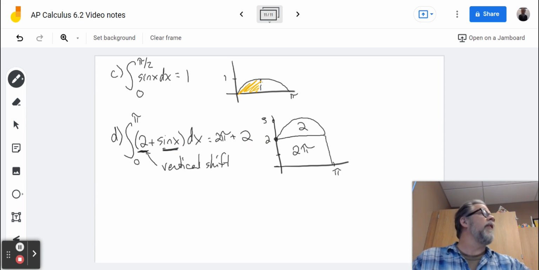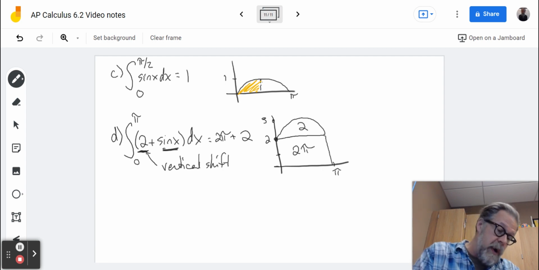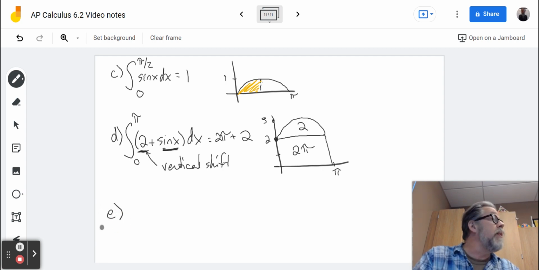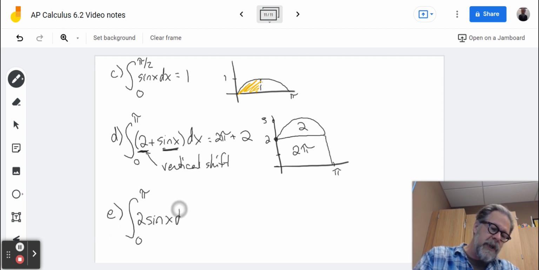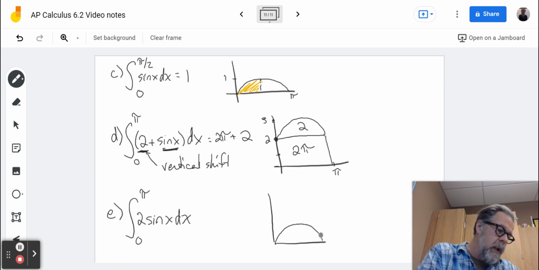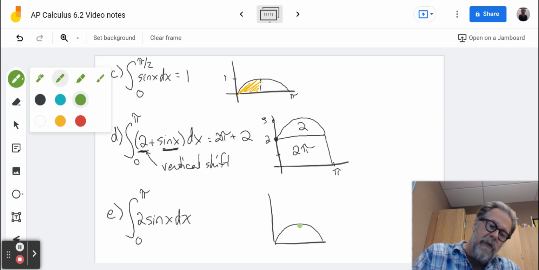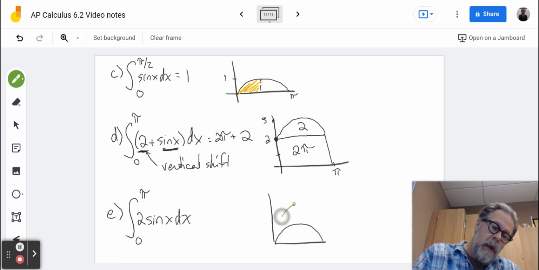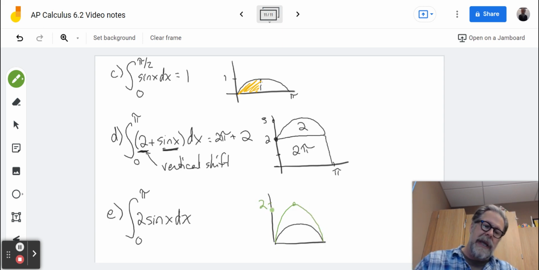Okay, what else have we got? We've got a couple more here. Let's do the integral from 0 to pi. Let's do another transformation: 2 sine of x dx. If my original graph was this, my new graph is going to be twice as tall, so this is maxing out at 2.